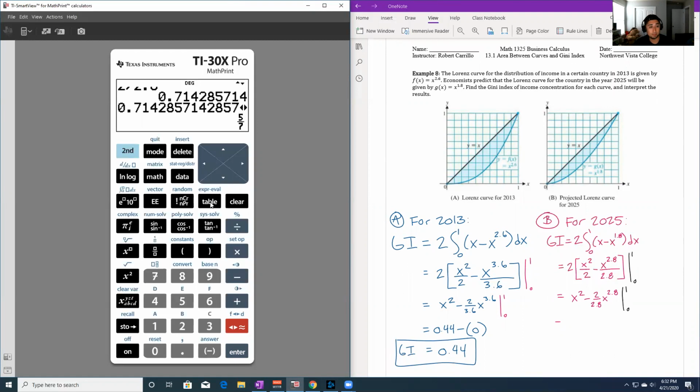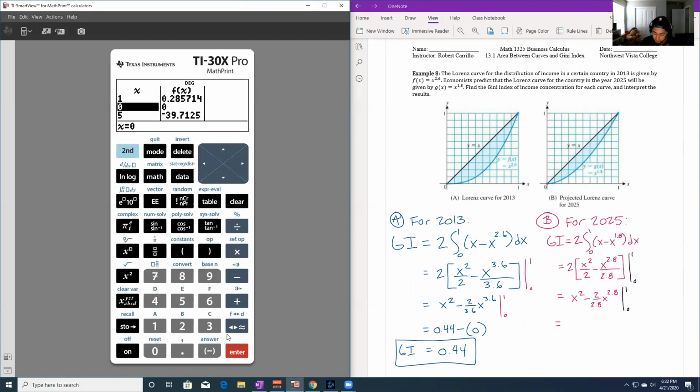Okay, so table, and that's x squared minus 2 over 2.8 x to the 2.8. Enter, enter, enter. Type in 1, which is there already.